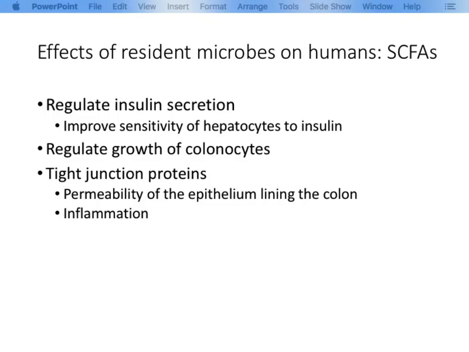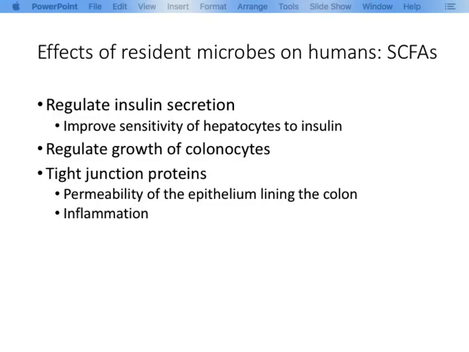In particular, what has been observed is that some of these fatty acids seem to regulate the growth of the epithelial cells that line the colon. The importance of that is that it's thought these short-chain fatty acids might have some indirect contribution to preventing uncontrolled growth, which could lead to colon cancer.